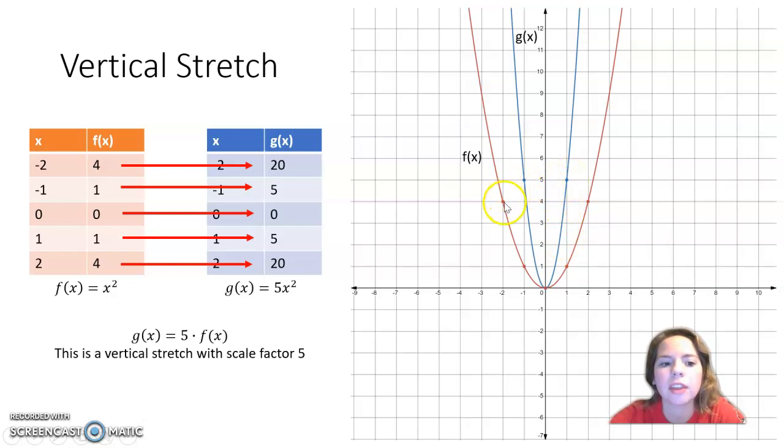And even if you took a look at say -2, 4, you can't see it, but on the blue graph, that would be all the way up there, at 220. So -2, 4 would move up to 220, or +2, 4 moves up to +220. It gets really steep up there because all the y values are getting multiplied by 5. We call that a scale factor of 5.